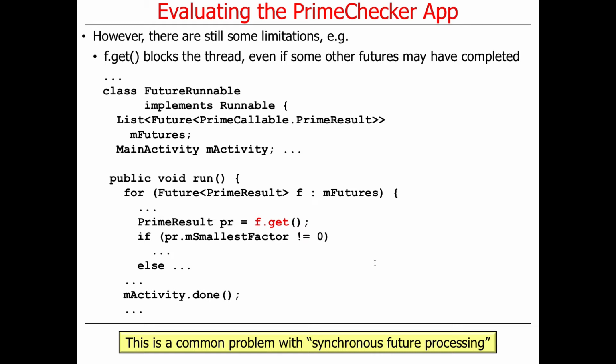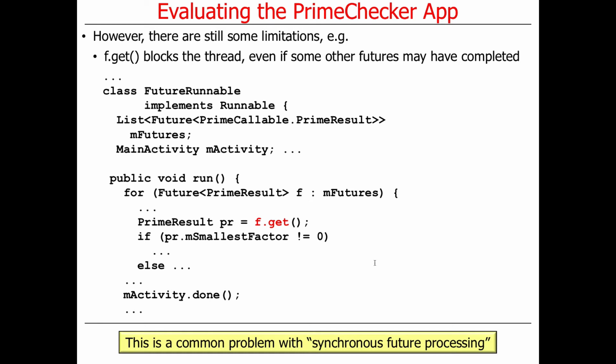Those other futures may be finished, but because of the way that the future mechanism works in simple Java 1.5 type of futures, you end up having what's called head of line blocking. So if the thing at the head of line takes a long time to finish, all the other stuff that's already done doesn't get to be processed till the thing that's slow is finished.